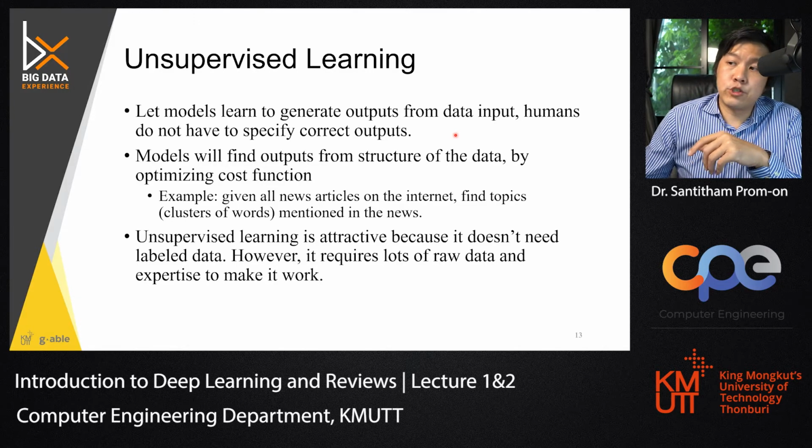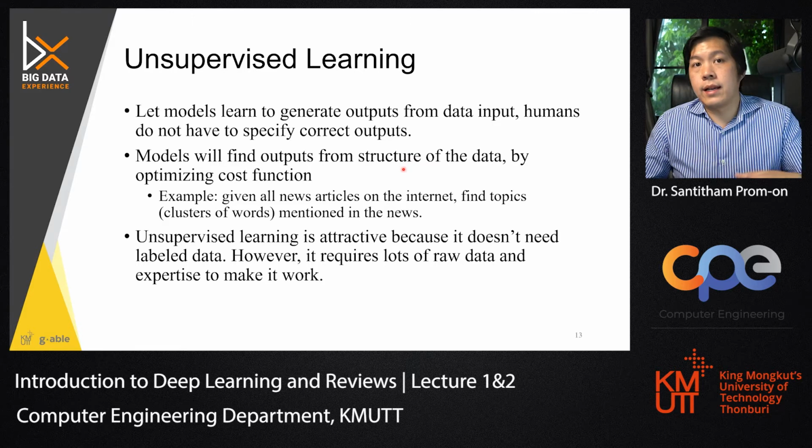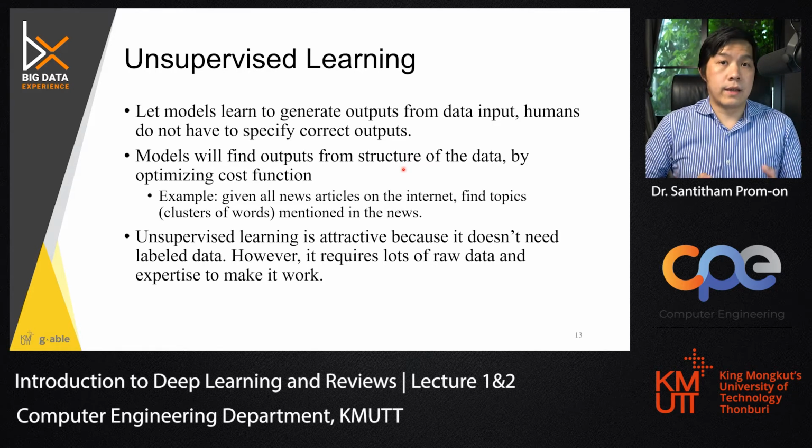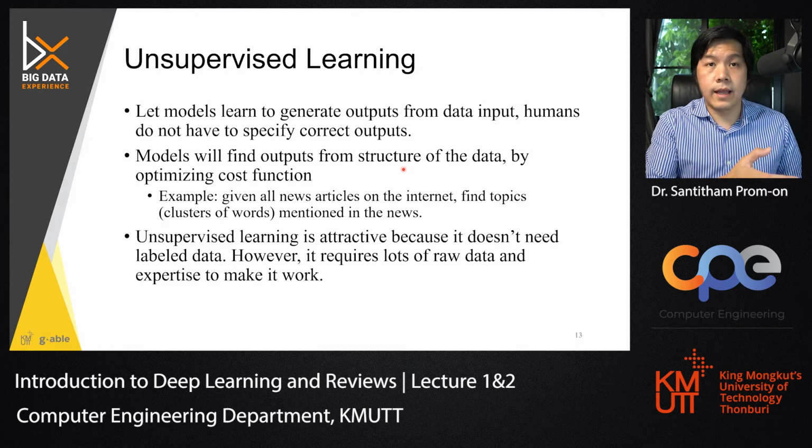It will find some structure out of the data set, like in clustering techniques, which find clusters of data that are close together. In graph clustering, it might find graph clusters that have certain associations between them.